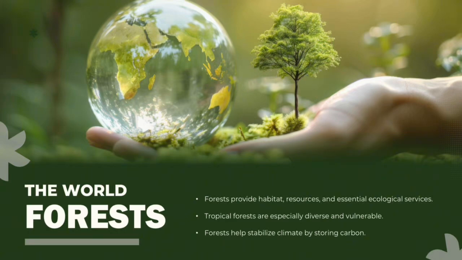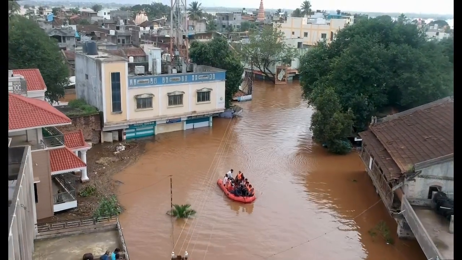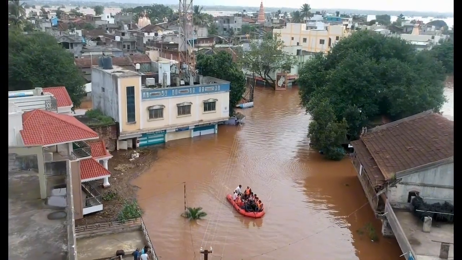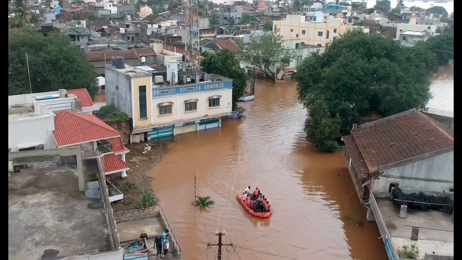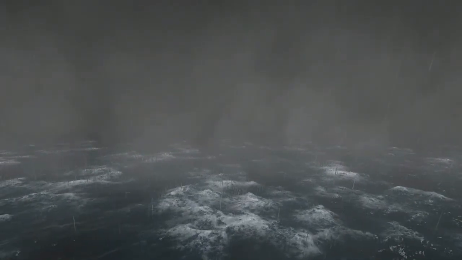And last is that forests help stabilize climate by storing carbon. Forests help fight climate change. This is what it means. You know how gases from cars and factories make the world warmer? Actually, forests absorb and hold those gases away. One of the biggest helps that we can get from our forest is that it stops floods and helps stop weather like typhoons.